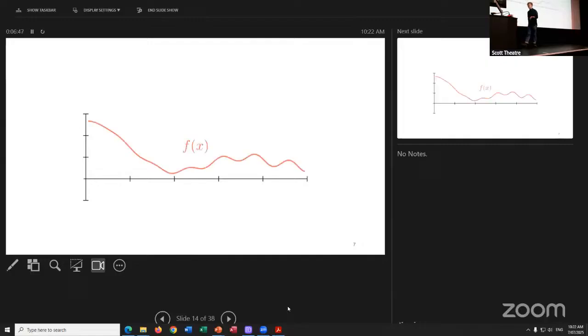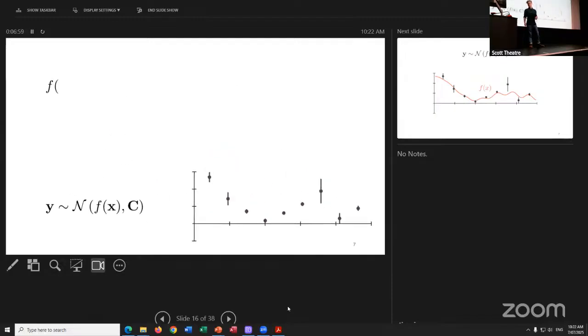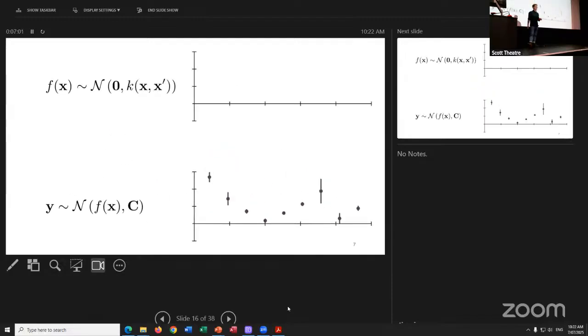So for the uninitiated, the rough idea with a Gaussian process is you have some unknown function, and I simulate some noisy draws from this function with measurement uncertainties, and then I forget the function. I want to infer that function from the data, right? And so with a Gaussian process, you basically put a distribution over the space of possible functions.